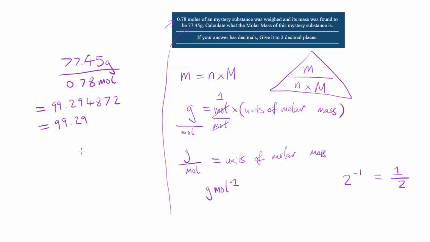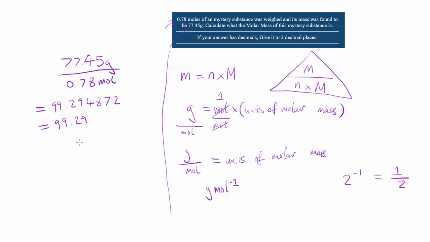Now, one of the things I'm going to draw some attention to is the fact that depending on the level of significant figures you rounded from, this is going to affect what answer you get. Just to clarify, in this case, the answer would be 99.29.